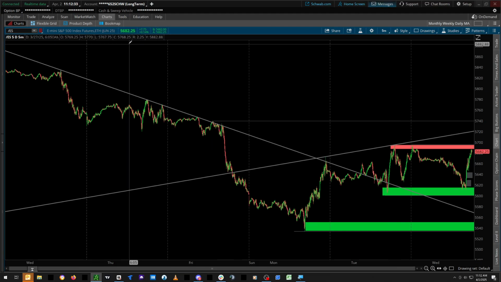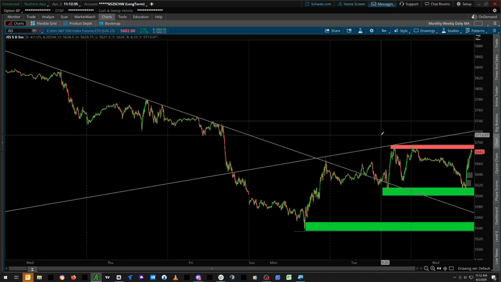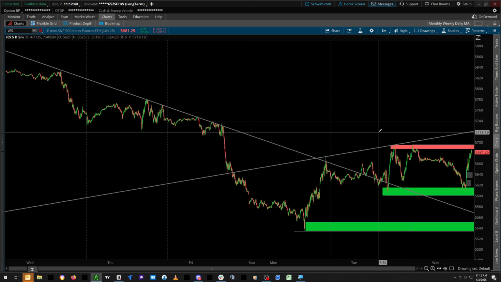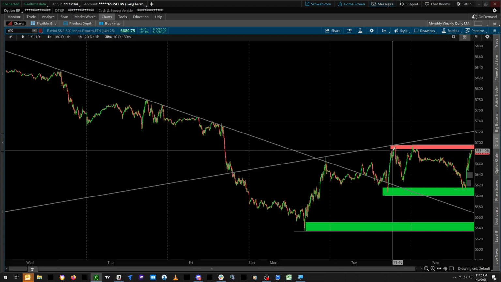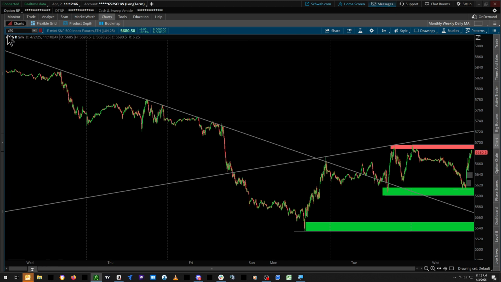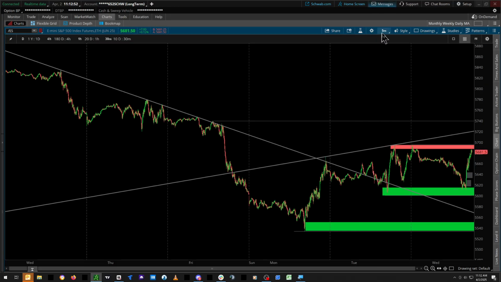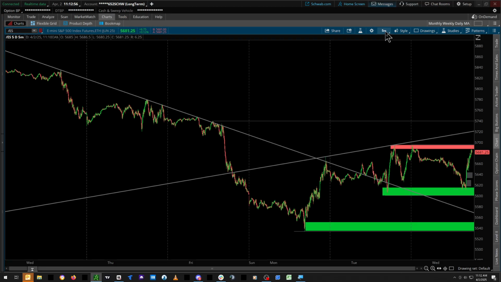For people on equities, it's going to be pennies. So would you switch this to looking at 10 ticks? Well, what I've got up here is the ES, so no, I'm not talking about a tick chart. I'm on a 5-minute chart.